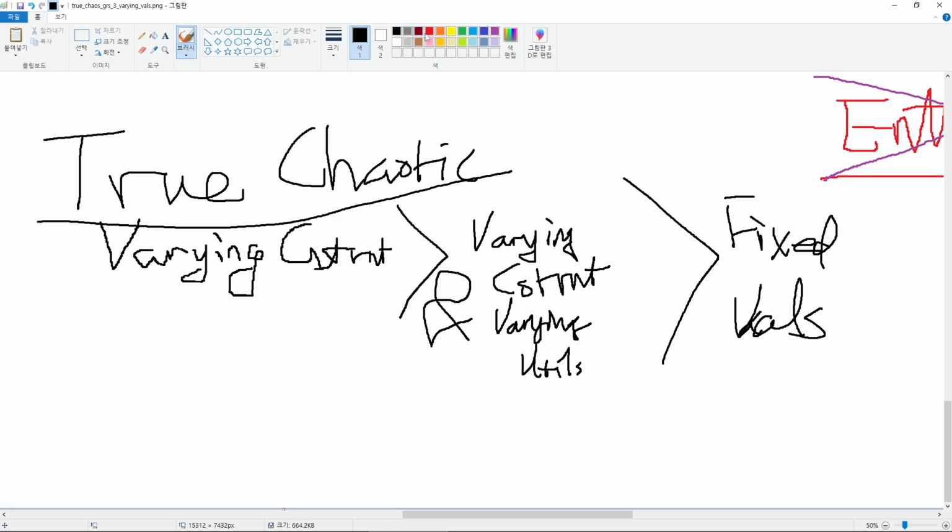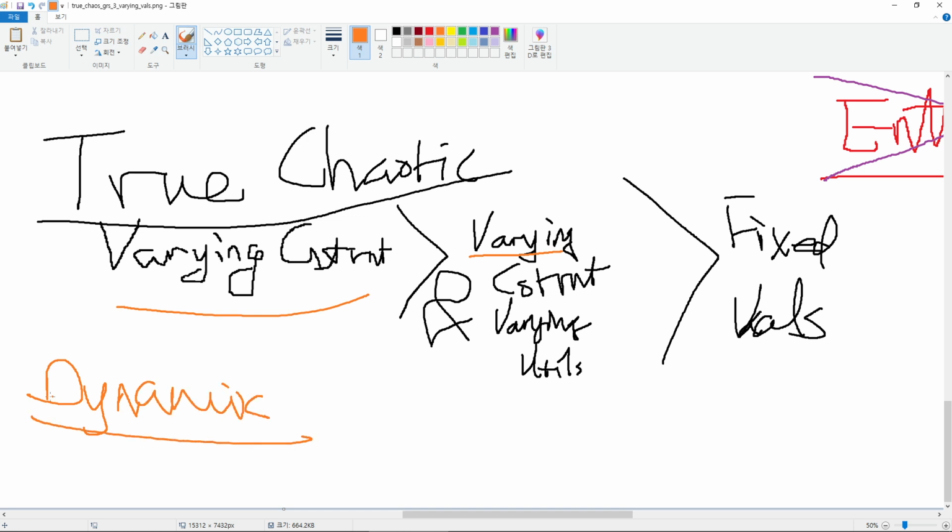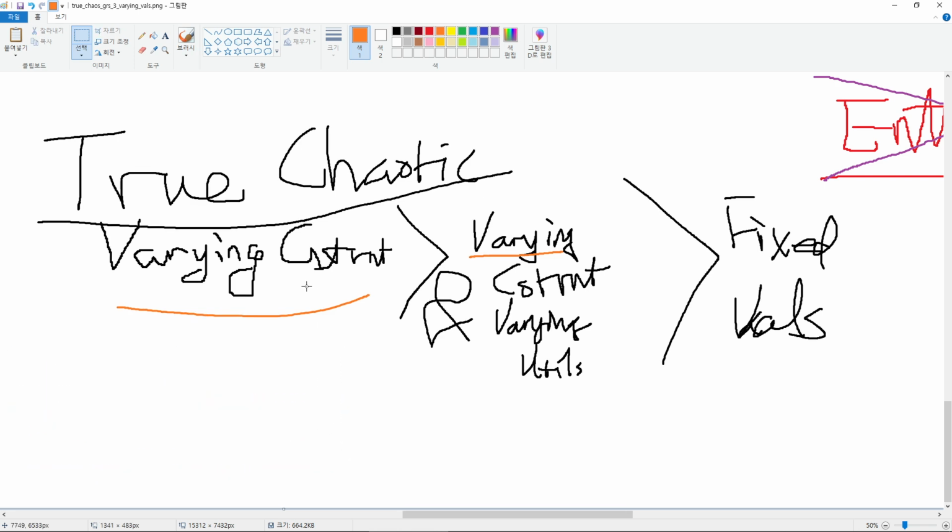Of course, I also remember that using varying values is still kind of categorized by me as being dynamic. So I'm just going to slightly ignore the fact that I said it in that context, because I'm just trying to clarify myself.